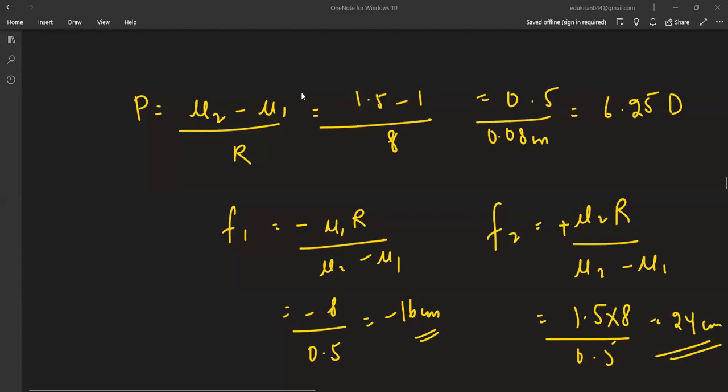This will give you 1 by F itself. Put 1 by F, you will get this formula. From that only I have calculated the formula for F1 and F2. Power is 1 by F only, but you have other formulas for focus. For focus, you have so many formulas. So when you write 1 by F, you get so many formulas for power as well. From this only, I have got this.